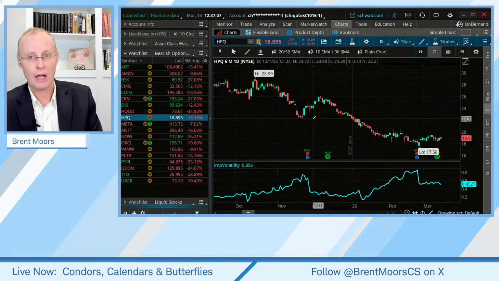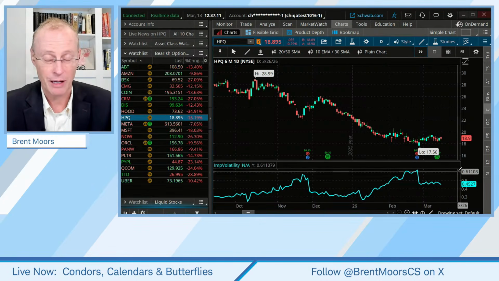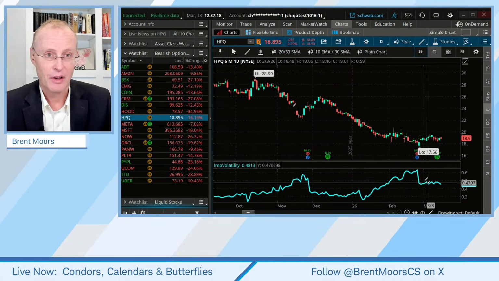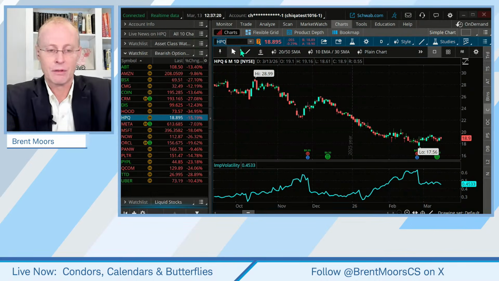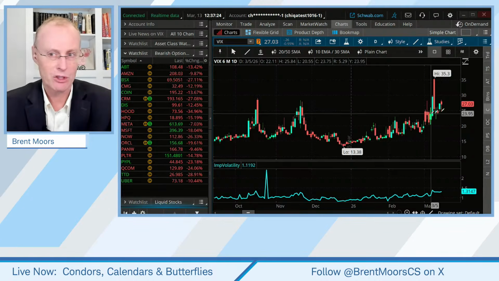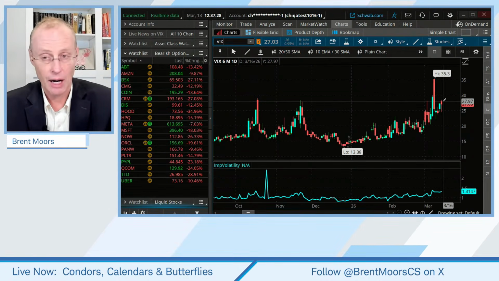It's different than a calendar spread. With calendar spreads, ideally we want the implied volatility to go up. Now, where's implied volatility going to go from here? I don't know the answer to that. You guys can probably make a guess, but here's the VIX right now. We're at 27 on the VIX. Can it go higher? Yeah, no doubt.